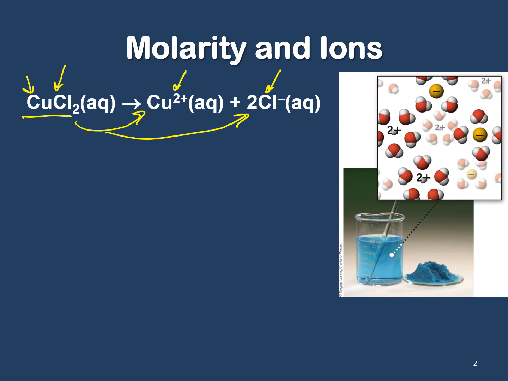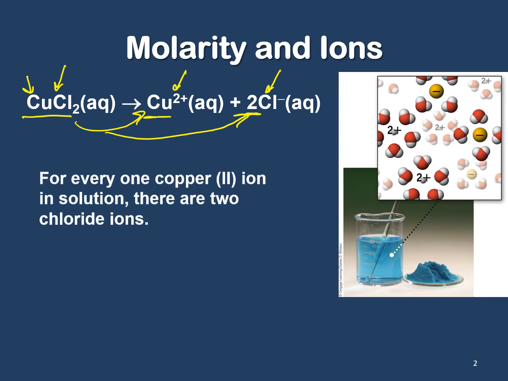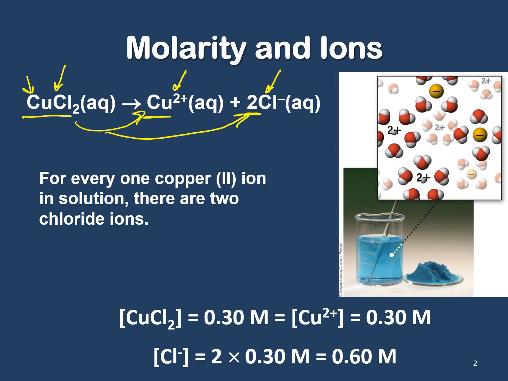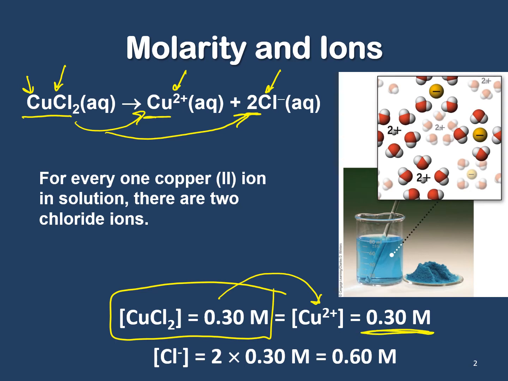I can't directly measure the amount of ions present, but I can use mole ratios, and really how many ions it breaks apart into, to figure out what their concentrations are as well. For instance, I know that for every 1 copper(II) chloride, I get 1 copper ion and 2 chloride ions present in solution. Let's say that I calculate a concentration of the ionic compound as 0.3 molar. Then my concentration of copper, Cu2+, is also 0.3 molar.